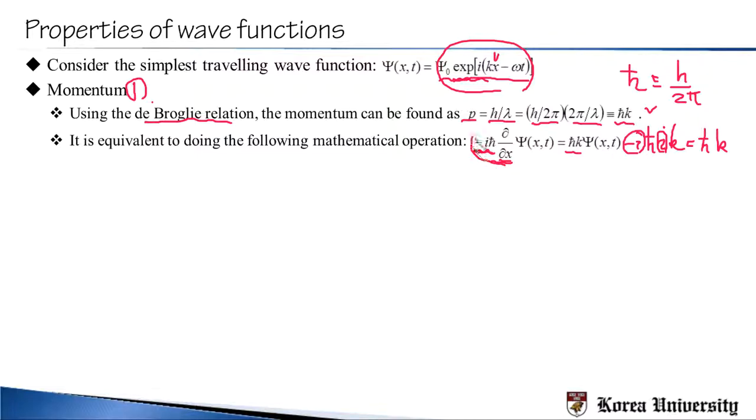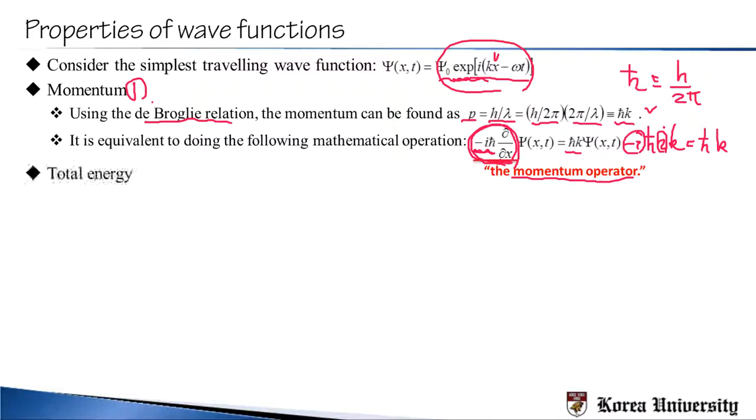This mathematical operation works to get the momentum of this wave function. We give it a name, the momentum operator, which means that this is a mathematical operator. By using it, you can get the momentum of the wave function.